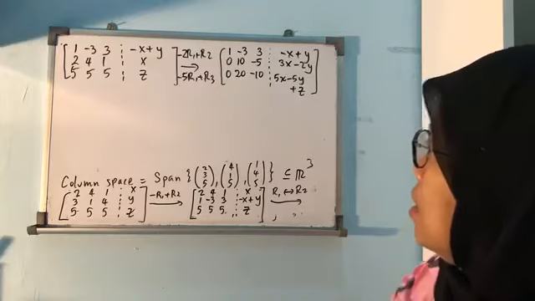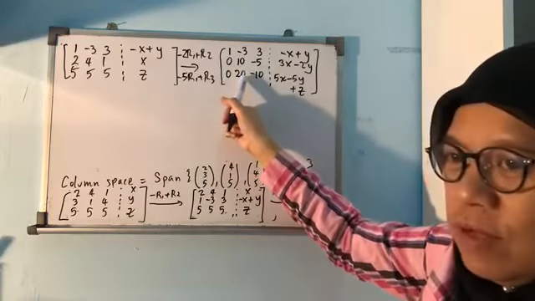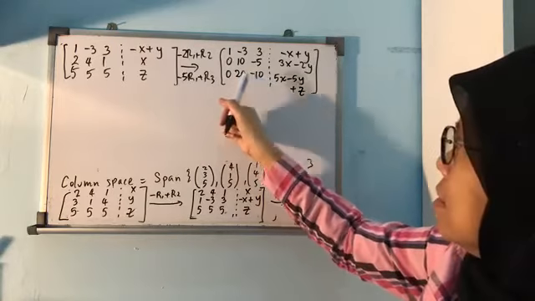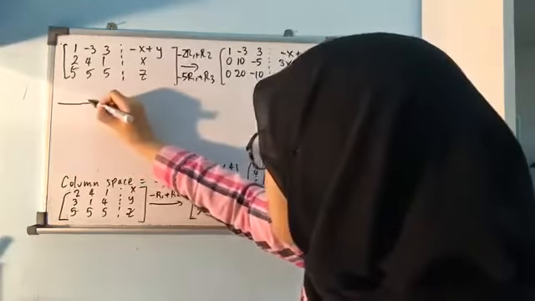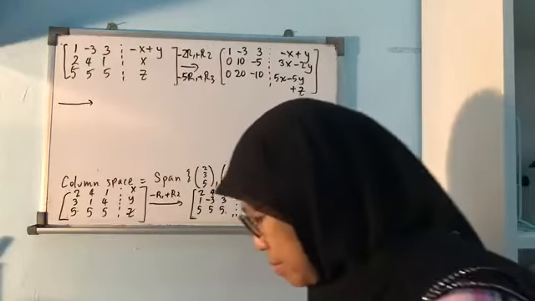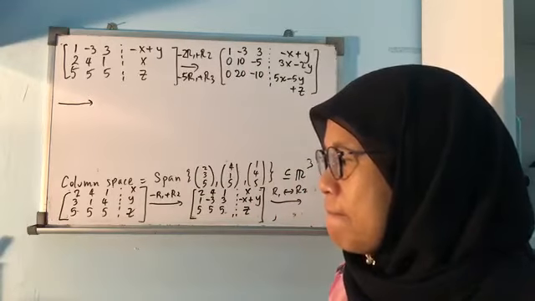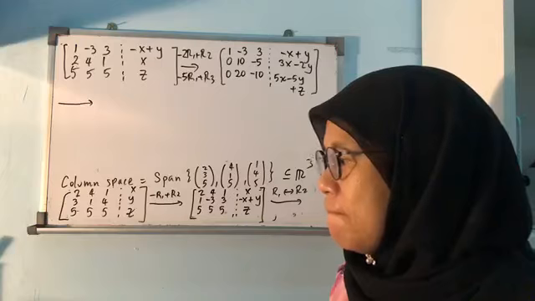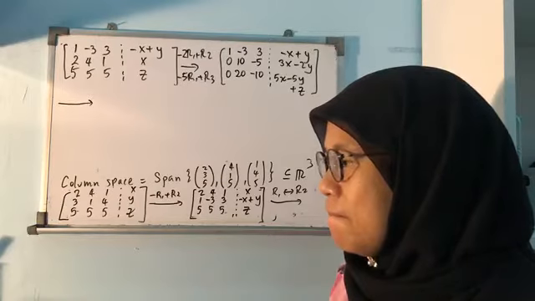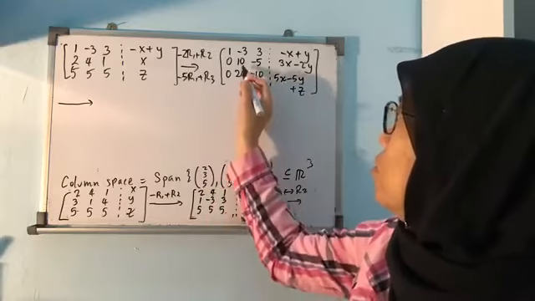Okay? Now you see, before you make this one, you make this 0 first. Right? Give me a suggestion. How do you make this 0? Cuba type. How do you make this 0 from here?